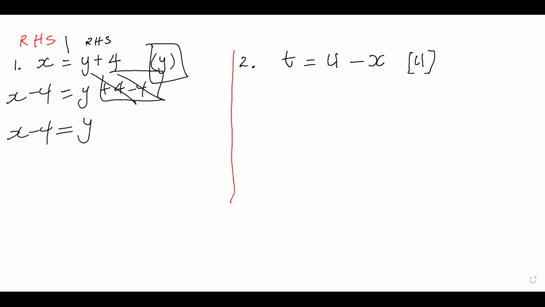You understand that? Yes, sir. Why are you adding X? To remove the negative X. And if the X was positive, what would you have done? We would have subtracted X. Very good, Josiah. That's right.